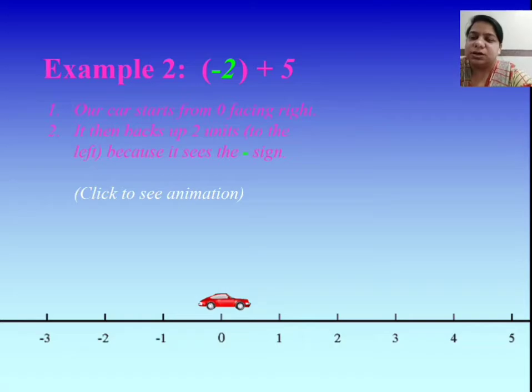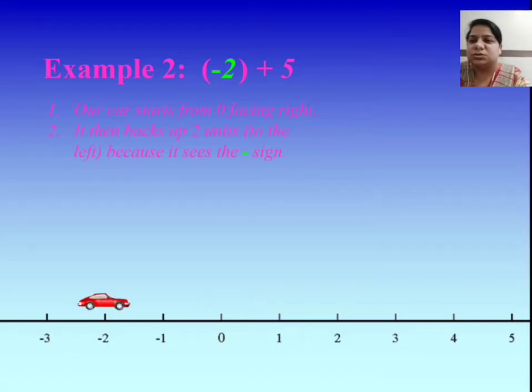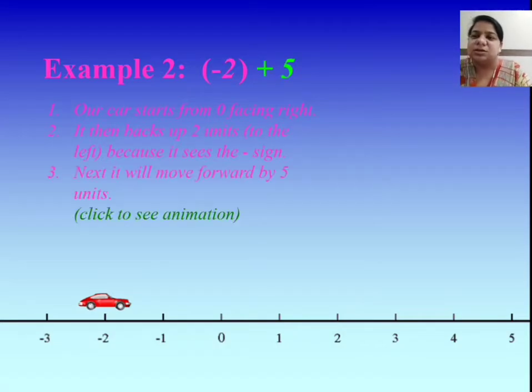The first number is minus 2, a negative integer, because the minus sign shows the negative integer here. So the car will move in the backward direction. Just check, it has gone 2 steps backward.